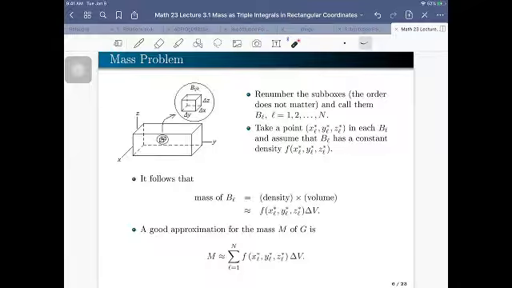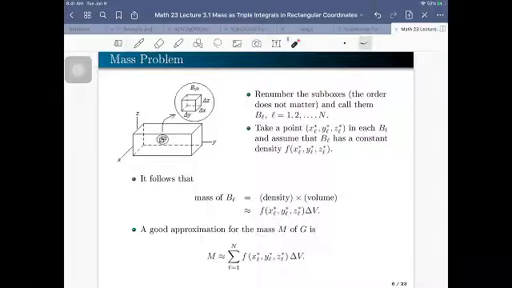So let's renumber the subboxes. This is what I was talking about. Let big N be the number of boxes. Okay, and then how do you make it more formal? The concept that at the small particle the density is constant. So on the small particle, you choose any point (x star, y star, z star) sub L in each B sub L, which is the L-th subbox, and assume that B sub L has a constant density.